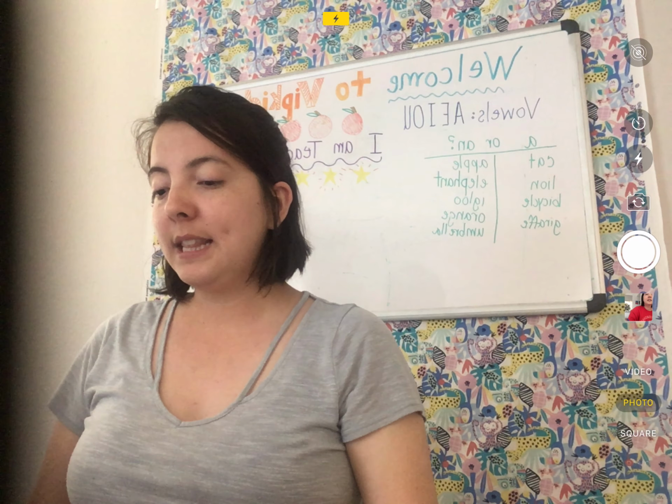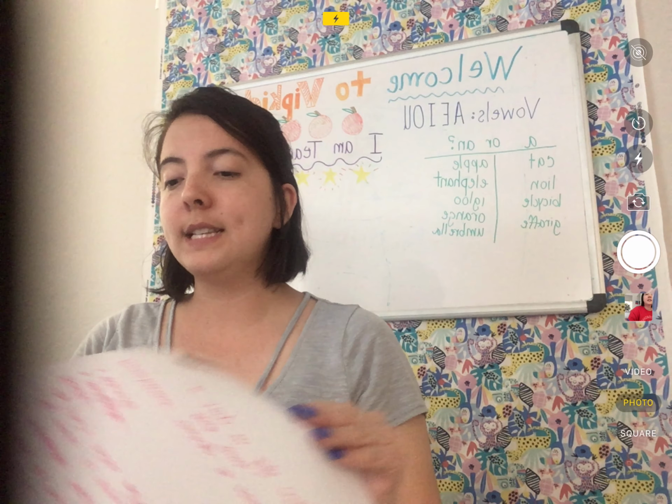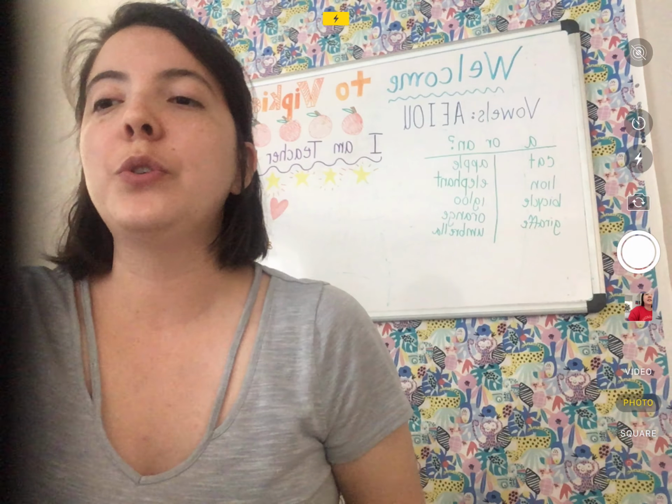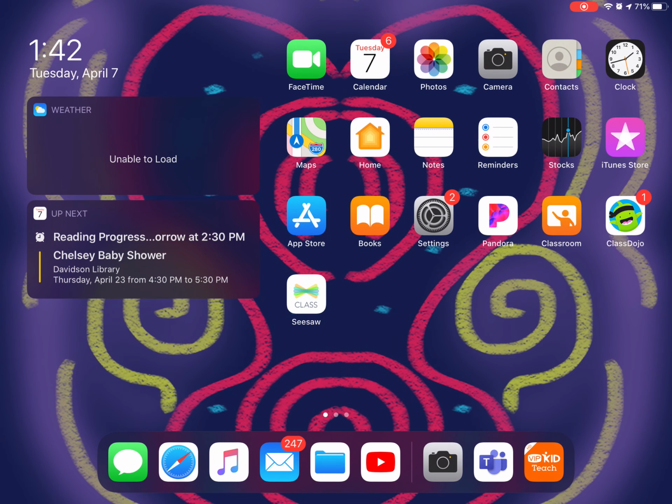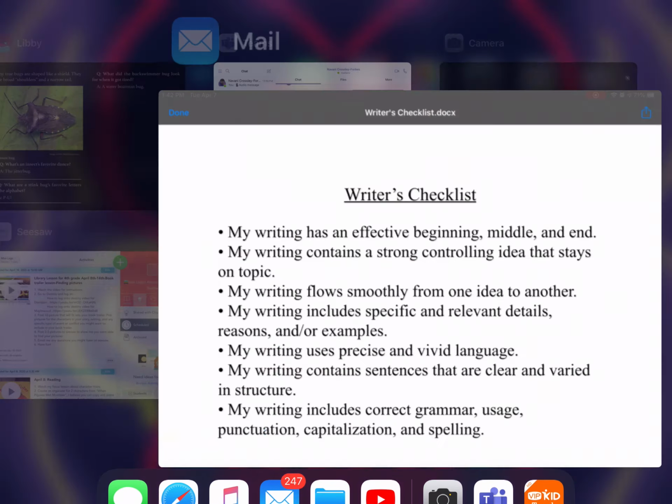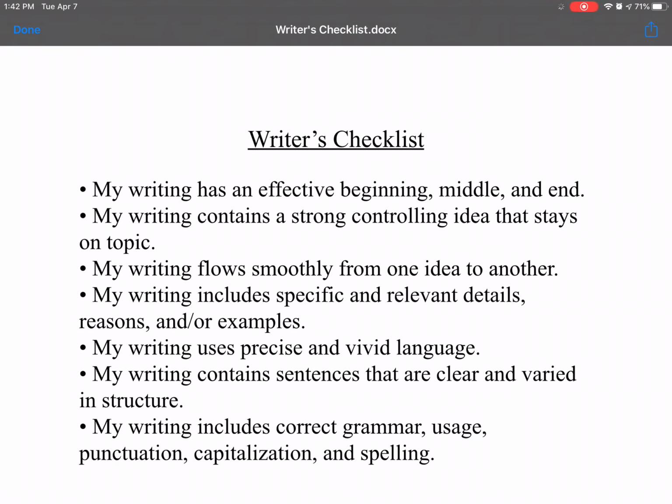So the first thing that I did was I'm going to show you the checklist first. So here is the checklist. My writing has an effective beginning, middle, and end. My writing contains a strong controlling idea that stays on topic.